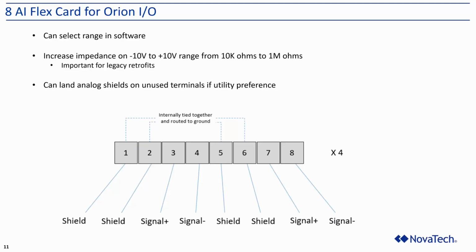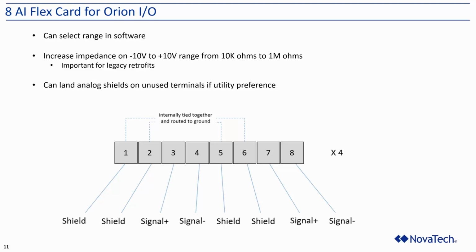You can land your first positive and negative analog input signals on terminals 3 and 4, and your second analog input, positive and negative terminals, will go on 7 and 8. Keep in mind you have 4 of these terminals on that analog input flex card.